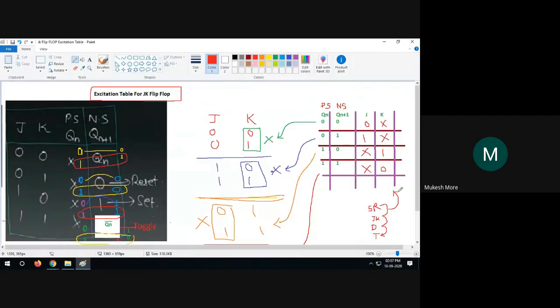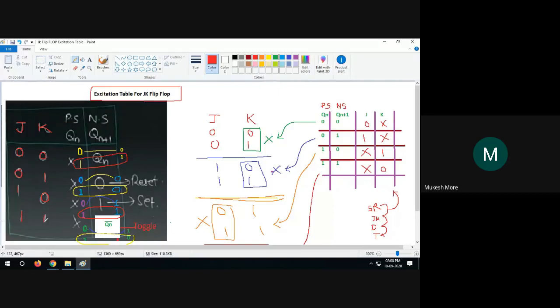Okay, so in this class we are going to design the excitation table for JK flip-flop. Now see, in JK flip-flop we have two inputs, J and K. And for inputs we have four combinations: 0 0, 0 1, 1 1, and 1 0.